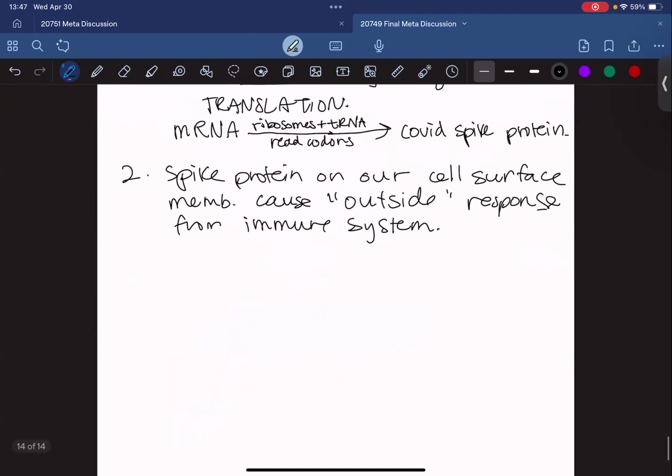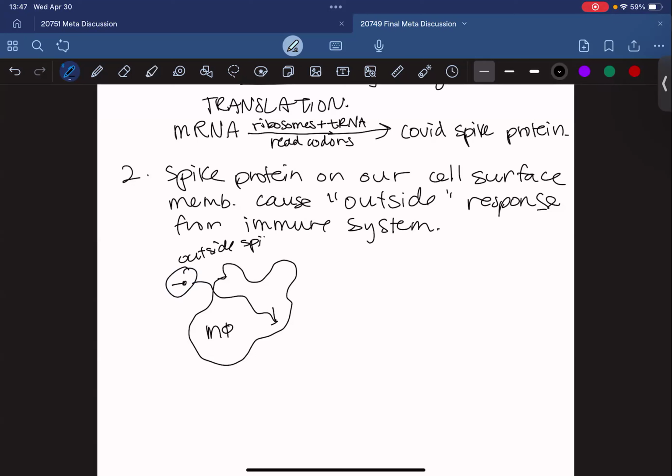So what this will mean is we might have a macrophage that will see those surface spike proteins and be able to ingest it. And present it on MHC2.